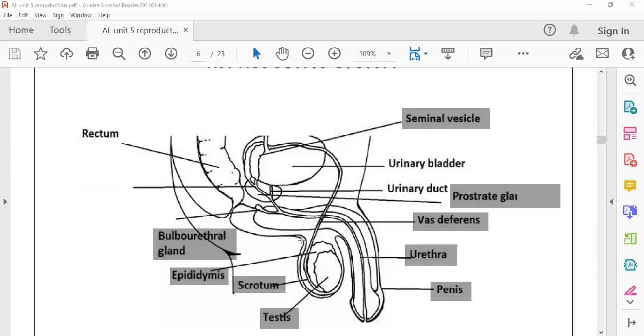That's all, sir. I told you the parts you were told to highlight. But I heard only half. Anyway, these are the parts of the male reproductive system.